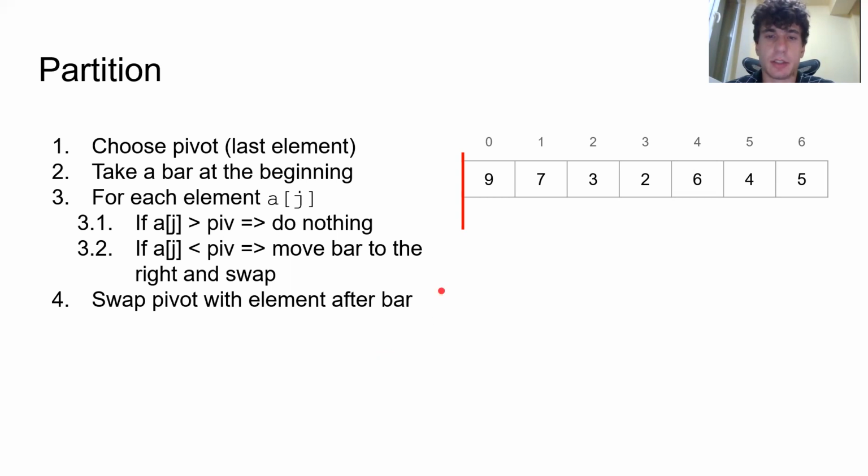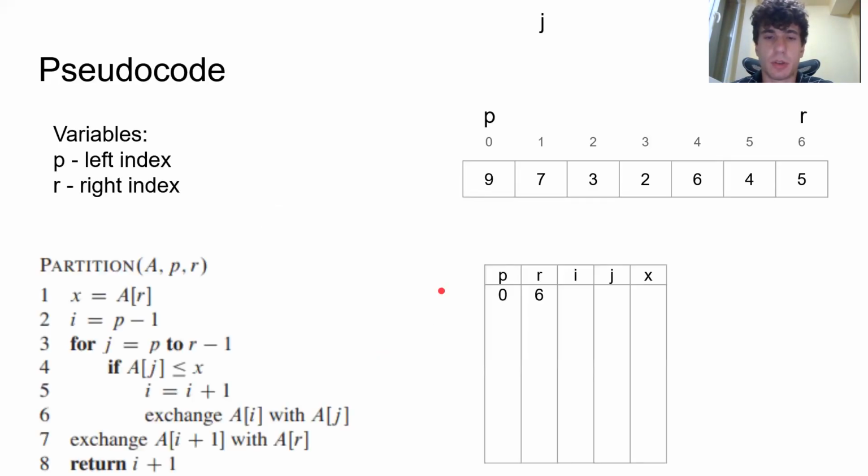All right. Now let's see how it looks in code. So here is the array we're trying to sort. Here we have the pseudocode for this function. And here we'll see each variable, what value it has at this point.